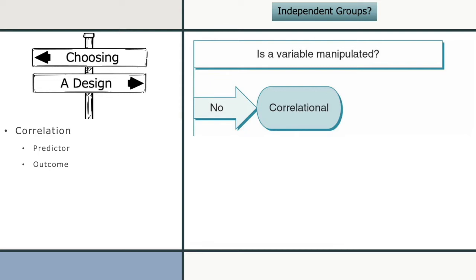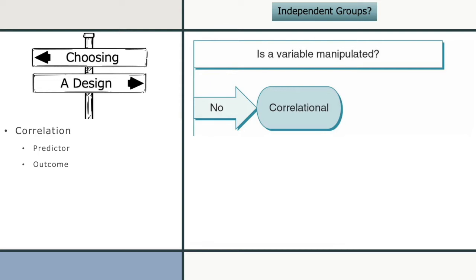The idea is that you can predict the outcome variable from the predictor variable. X predicts Y, because what we're doing is establishing the relationship between X and Y. Once you know how X and Y move together, to know one is to know the other. But that's not an experiment, because we're not manipulating any of those variables. We're simply describing them, and describing them admittedly more complexly by describing how they're related. So we don't need to worry about a correlation right now.